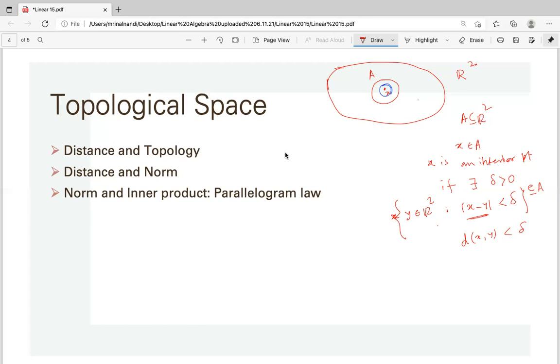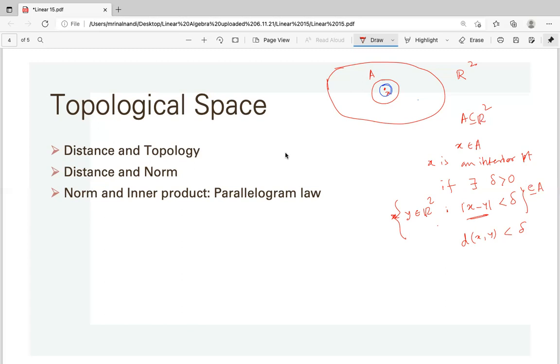But for every topological space, can we define a metric such that the metric introduces the same topology? The answer is no, because a topological space is a more general thing. You can define a metric, but that metric will not give the open sets defined in the topological space.